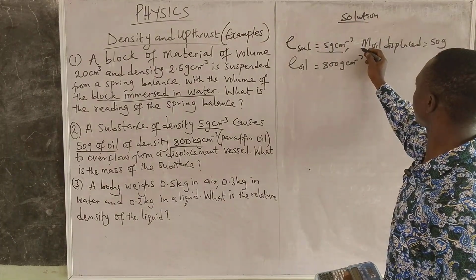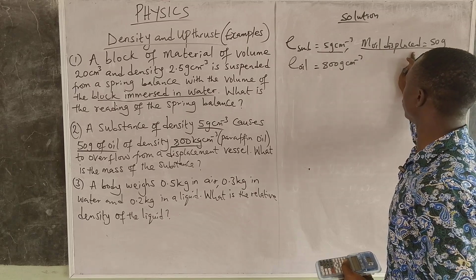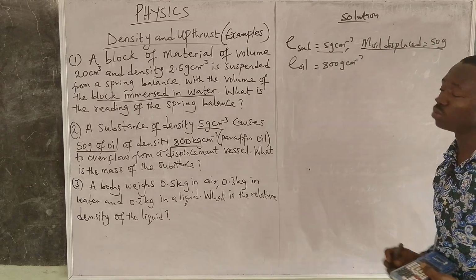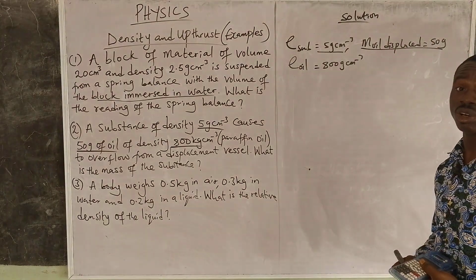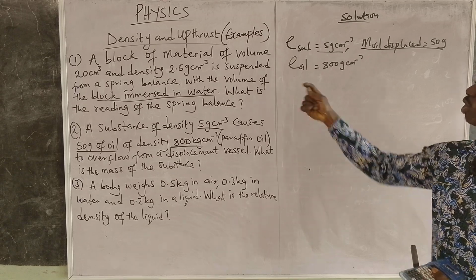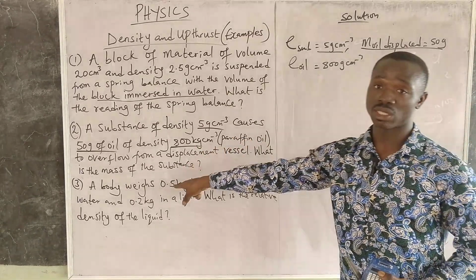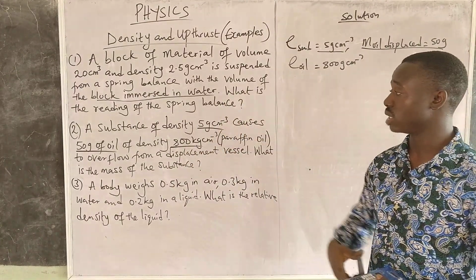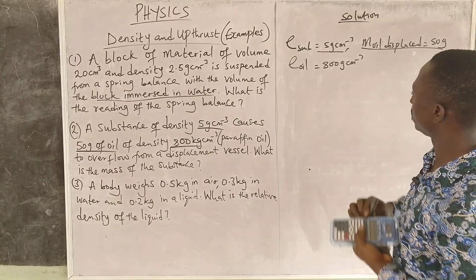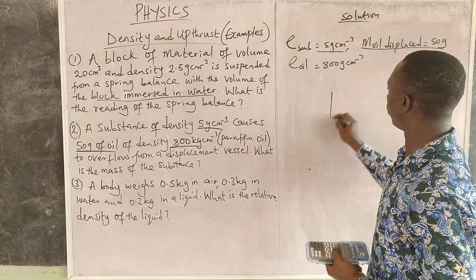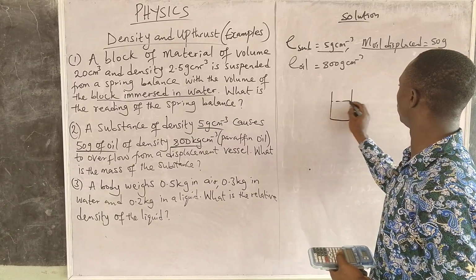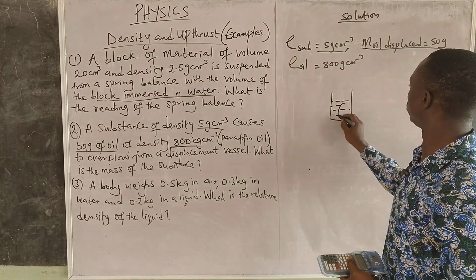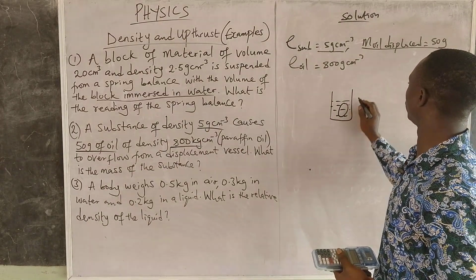But from here, we know the mass of oil displaced. If we can get the volume of oil displaced, the volume of oil displaced is equivalent to the volume of the object that is immersed, according to what I did in the first video. When you immerse an object in a fluid, what will happen?